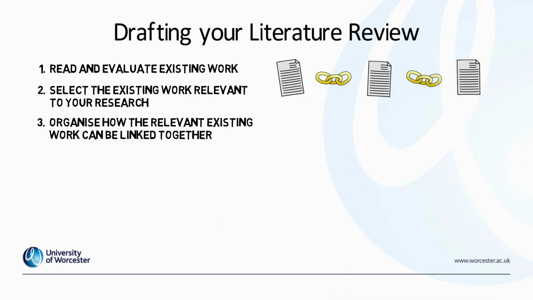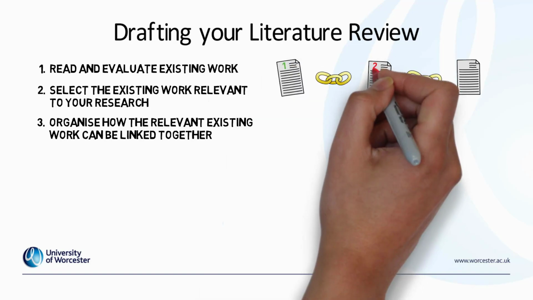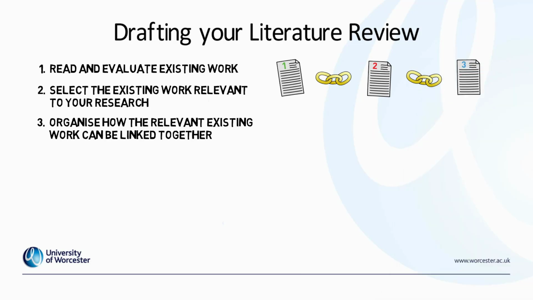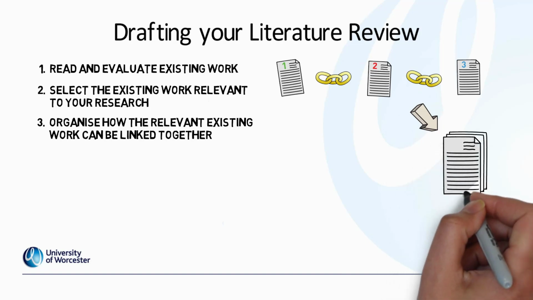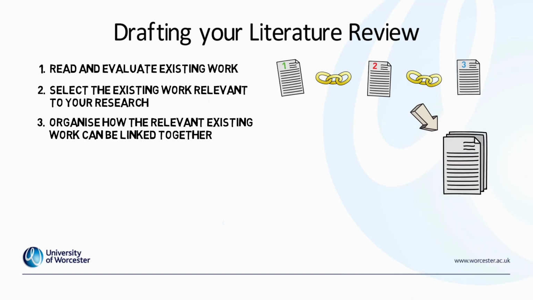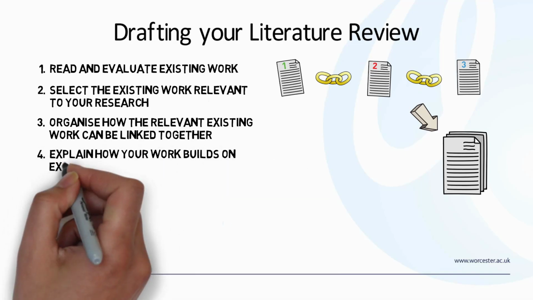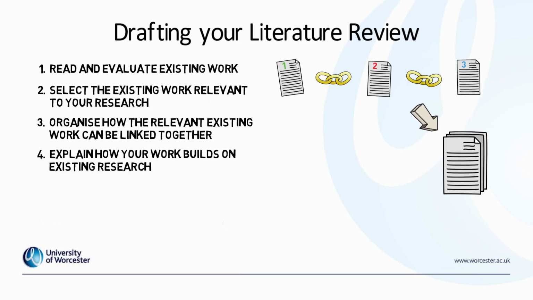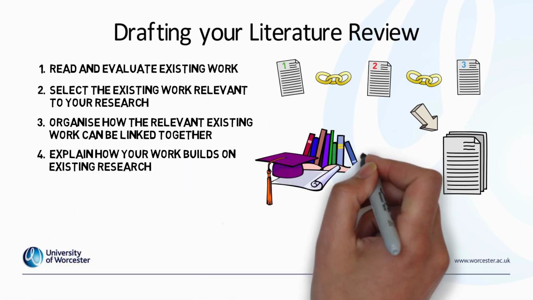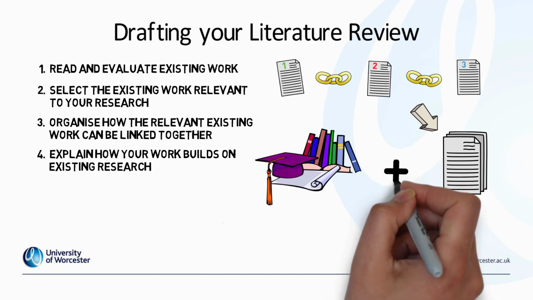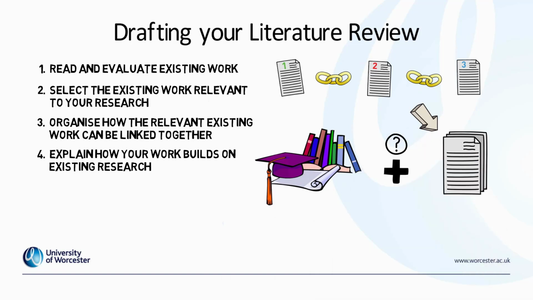So normally we start off talking at a more macro level and guide the reader through a narrative or story to explain how you've got to your own specific ideas. And then the 4th thing you need to do is explain how your work builds on existing research. So what concepts are you taking forward, and what are you doing which is different to the existing research?